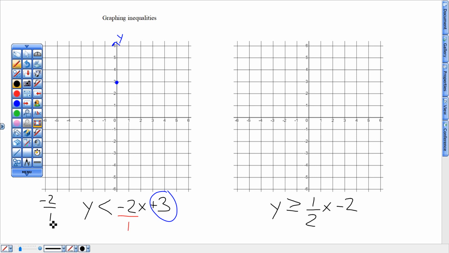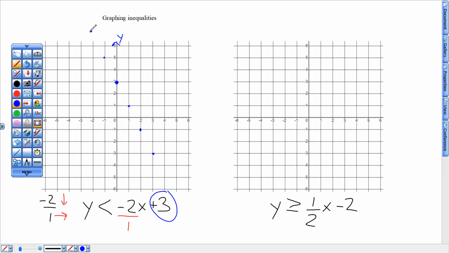I always do my run left to right, which just leaves my rise as either going up or down. So going over to the right 1, then I'm going down 2. Right 1, down 2, right 1, down 2, right 1, down 2. Always be able to stair step the opposite way, left 1, up 2.